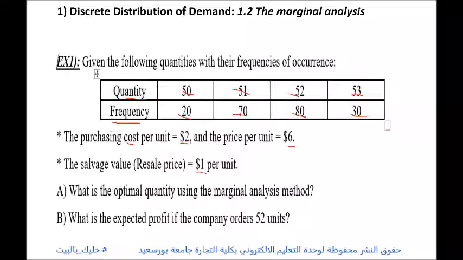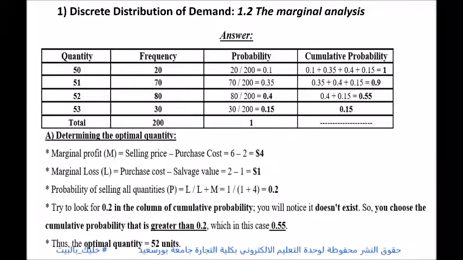To answer this exercise, we should prepare the following table. As you can see, quantity and frequency are both given. Probability, how can we get probability? Each frequency over the total. The summation of probability should be 1, as you know.